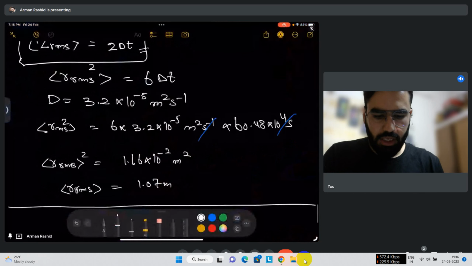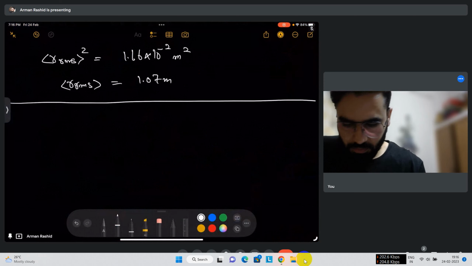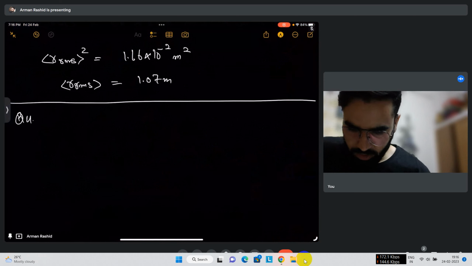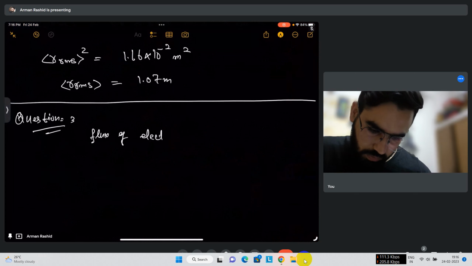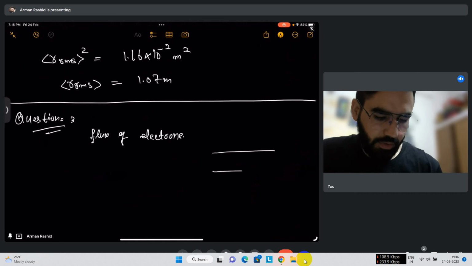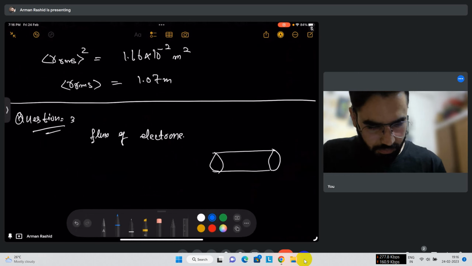So this question is regarding the flux of electrons. Question 3 is regarding the flux of electrons. Okay, so if we have a sort of conductor, this is the conductor, there will be electrons inside this conductor, right?